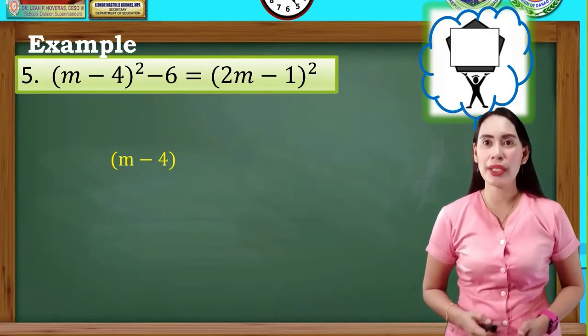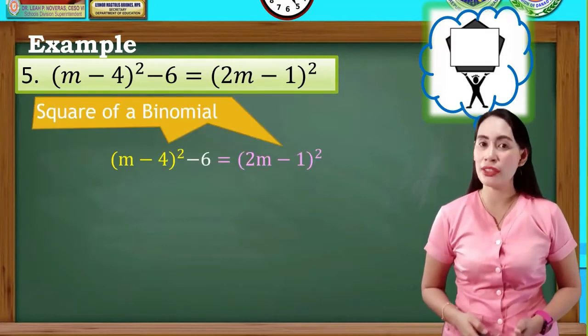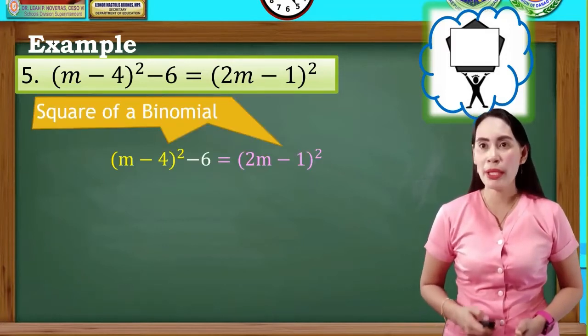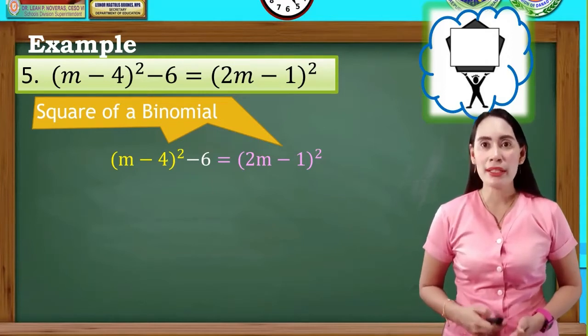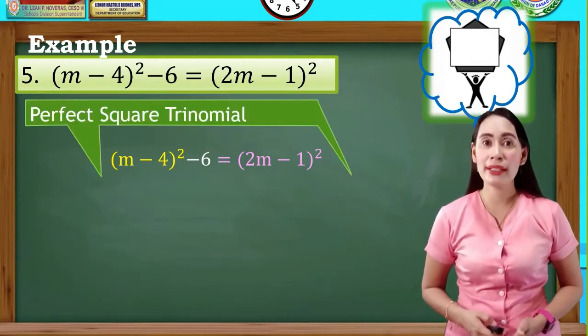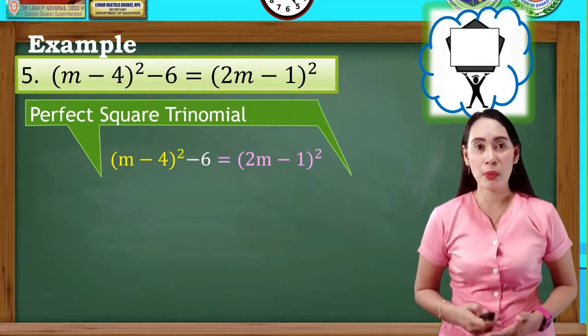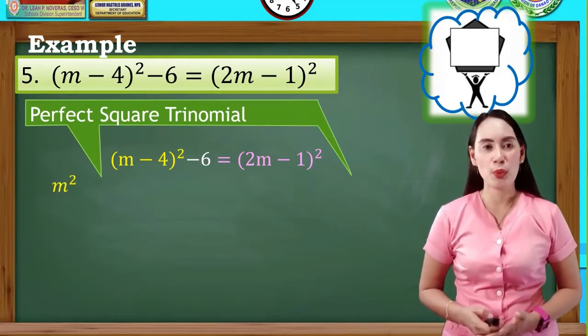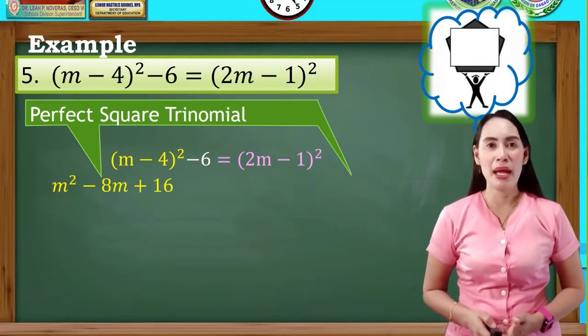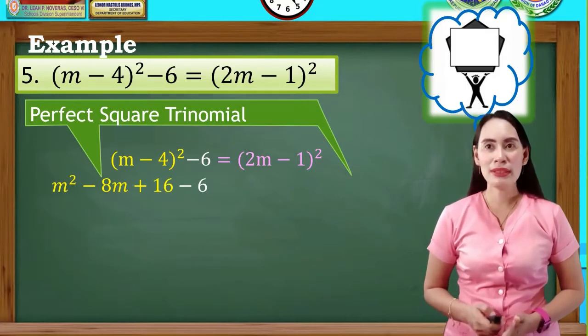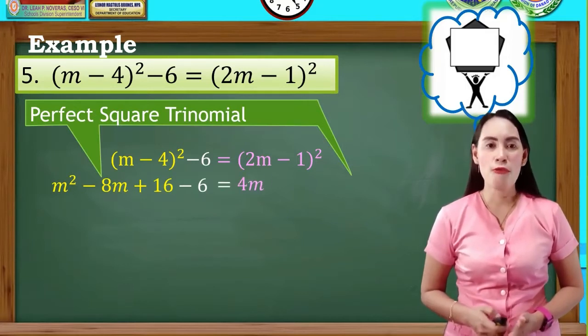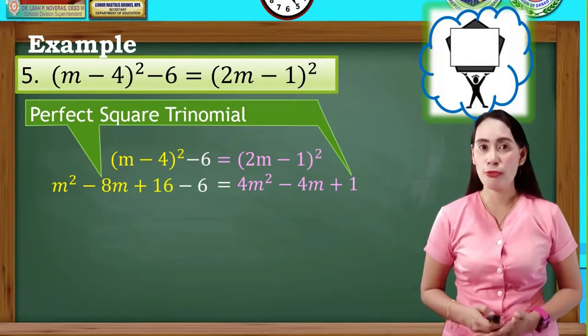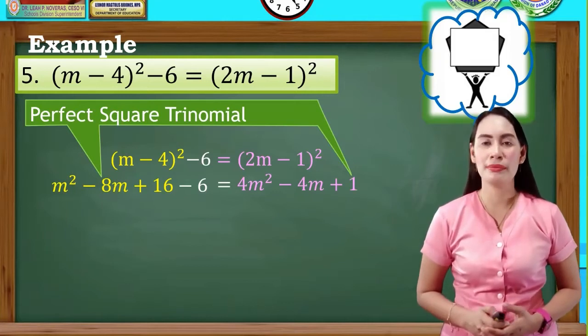Since the equation has two expressions that are square of a binomial, we transform this to perfect square trinomial. So the equation becomes m squared minus 8m plus 16 minus 6 equals 4m squared minus 4m plus 1.